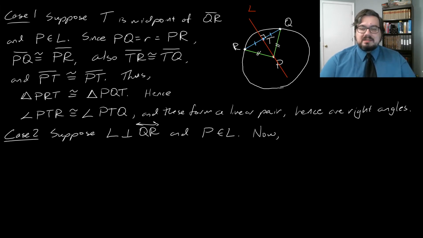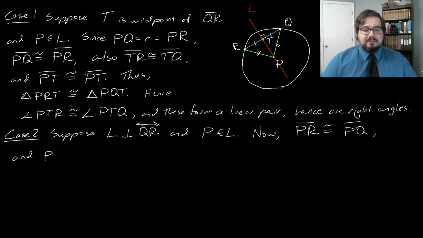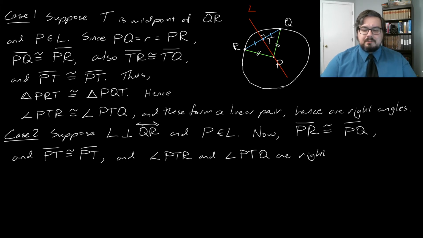So now, as above, we have that the segment PR is congruent to the segment PQ, and again, the segment PT is congruent to the segment PT, and we have that angle PTR and angle PTQ are right angles.